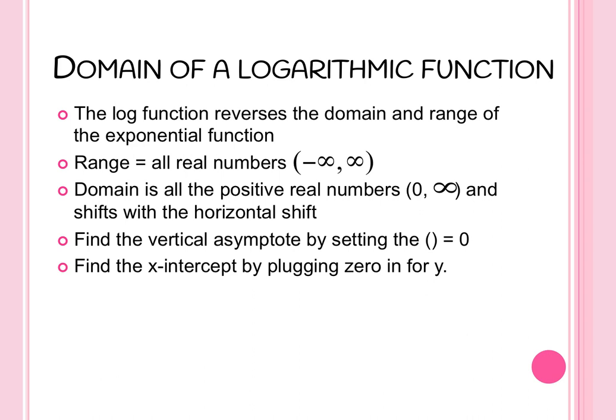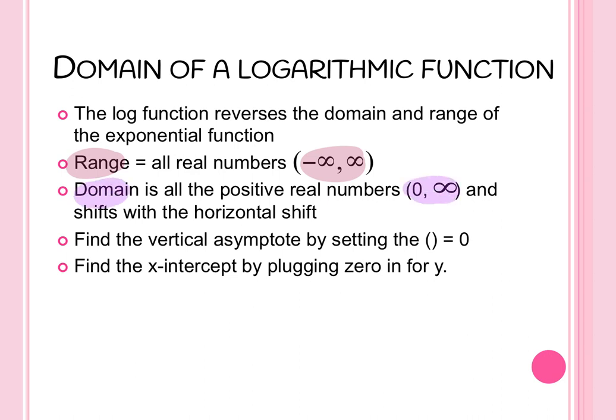If you remember exponential, the domain was all real numbers and the range had a restriction. Now it's the reverse. The range on log functions is negative infinity to positive infinity. And now your domain is going to have a restriction.